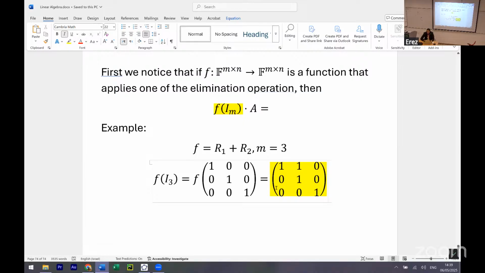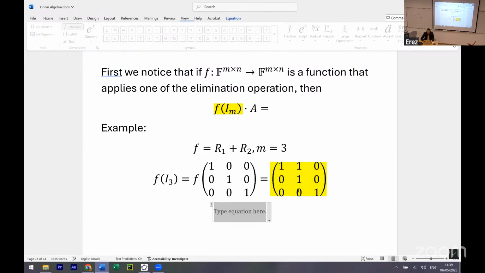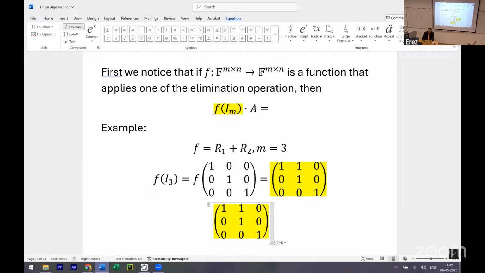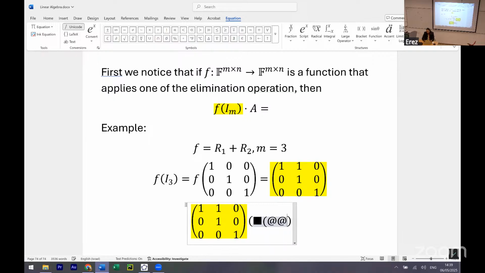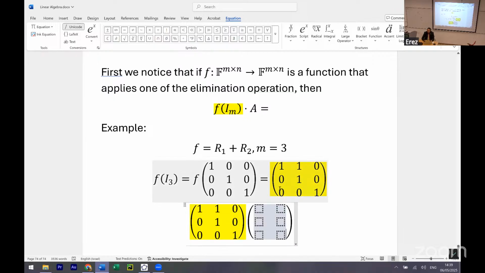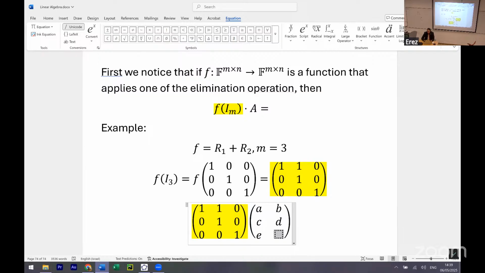So I'll continue with the example, and I take this matrix and multiply it by a matrix with 3 rows and, say, 2 columns: A, B, C, D, E, F. So what do I get?